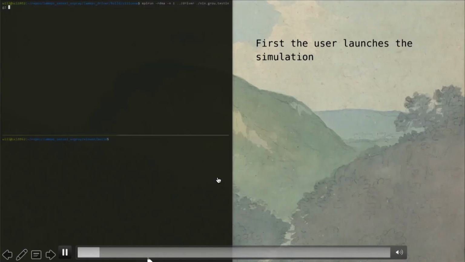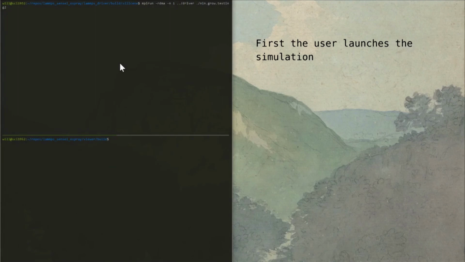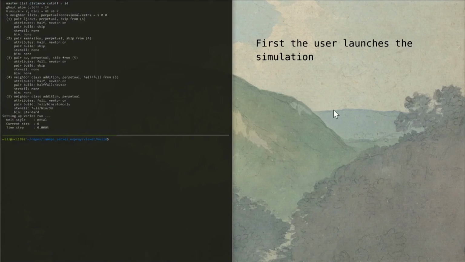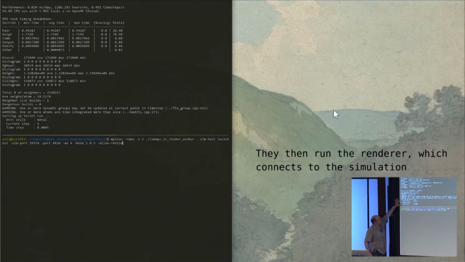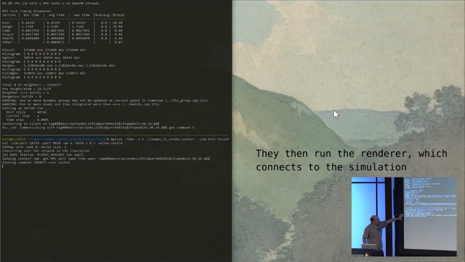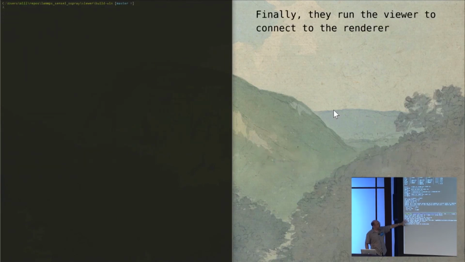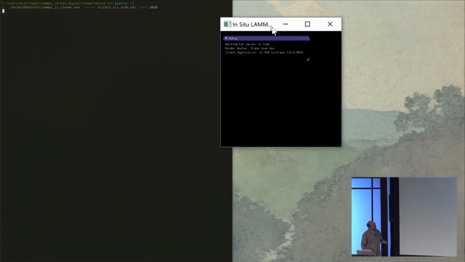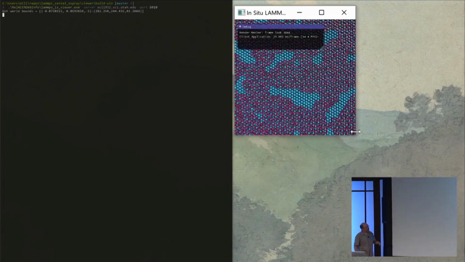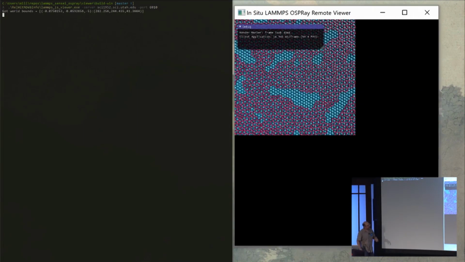And I have a video demonstrating that. Hope it's playing. So, two terminals here. On the top, we launch the driver running LAMMPS. This is the LAMMPS output. And this is the OSPRay client receiving the data and now launching the interactive viewer. So the data is live.